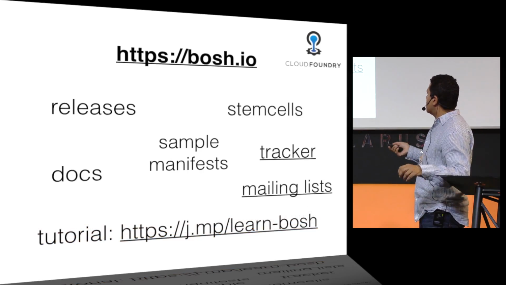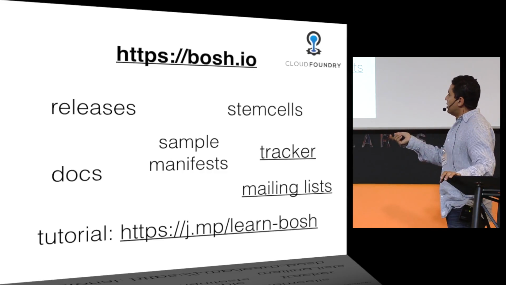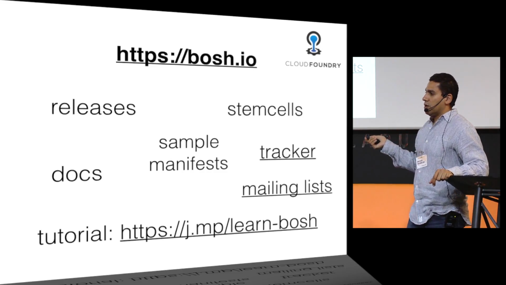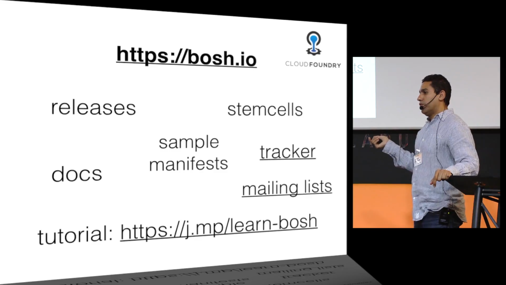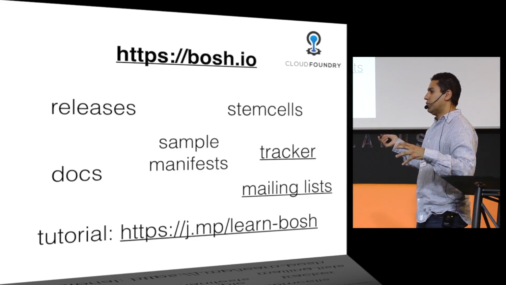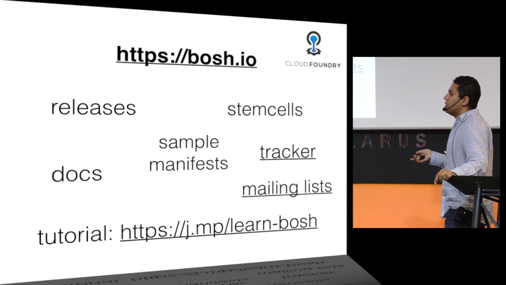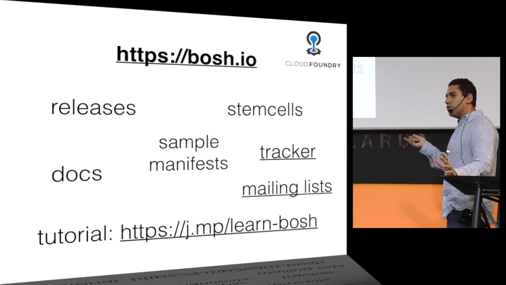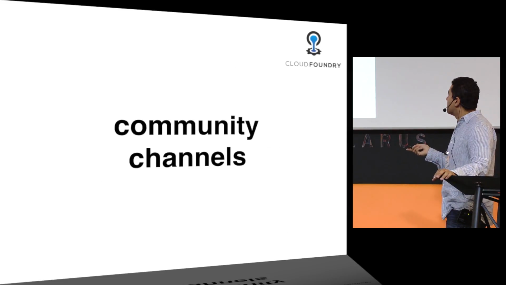There's also this tutorial, which I want to highlight. If after this you still have some questions about Bosch, this is definitely a place to go. I think in 15 minutes you get a good overview of Bosch as well.